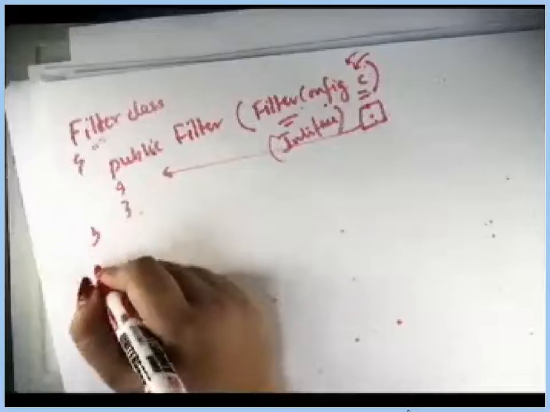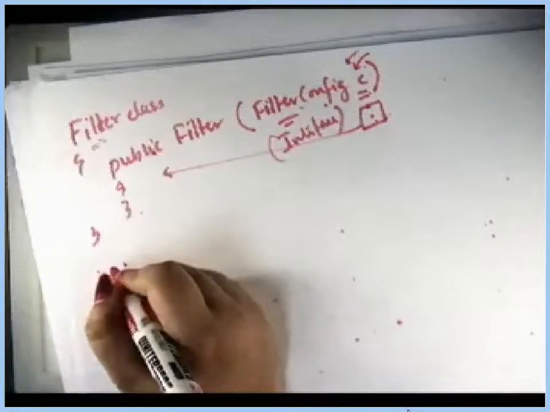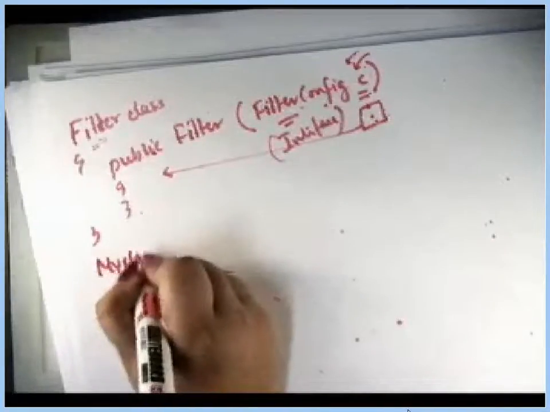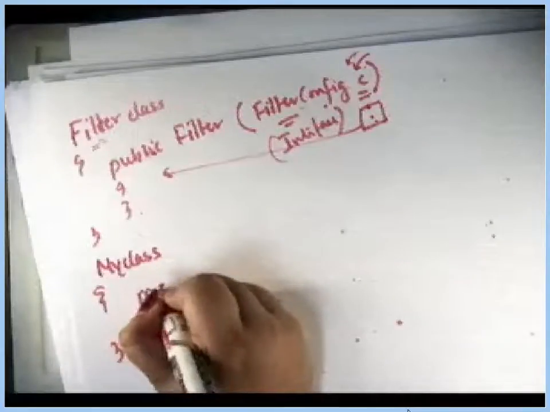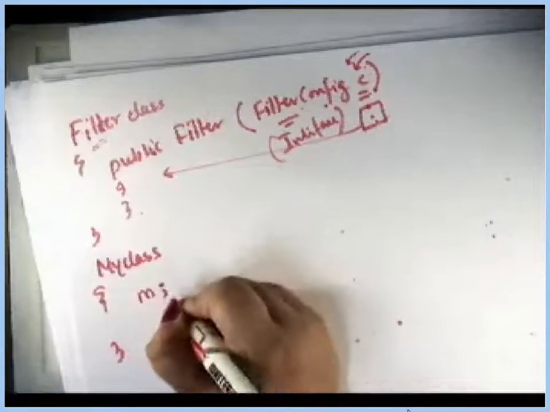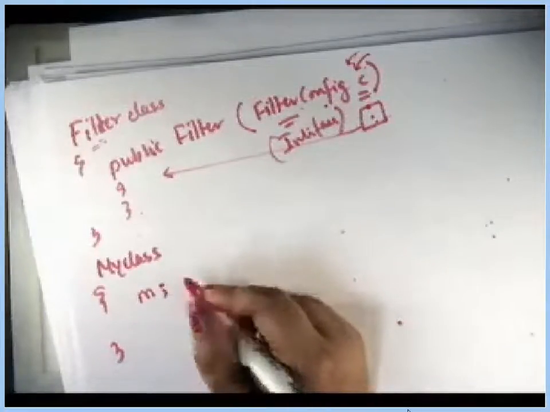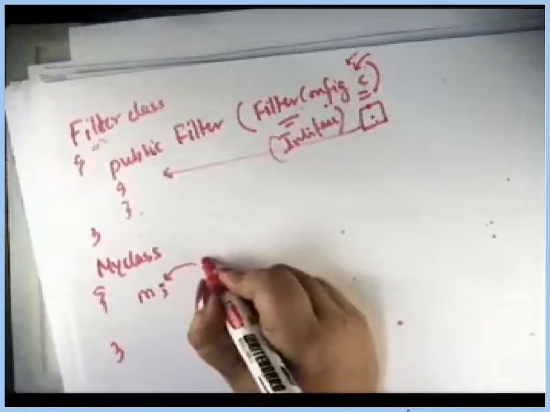But let's say I have a variable, and I don't have a reference for that variable. Say in my class I have a variable m, which is not yet initialized, and I expect that later down the line I will be populating this variable with some other class as an object, right?